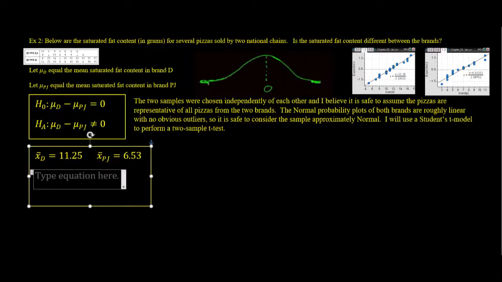The sample size for D equals 20, and the sample size for brand PJ equals 15. Our standard deviation for brand D equals 3.19, and our standard deviation for brand PJ was 2.588.